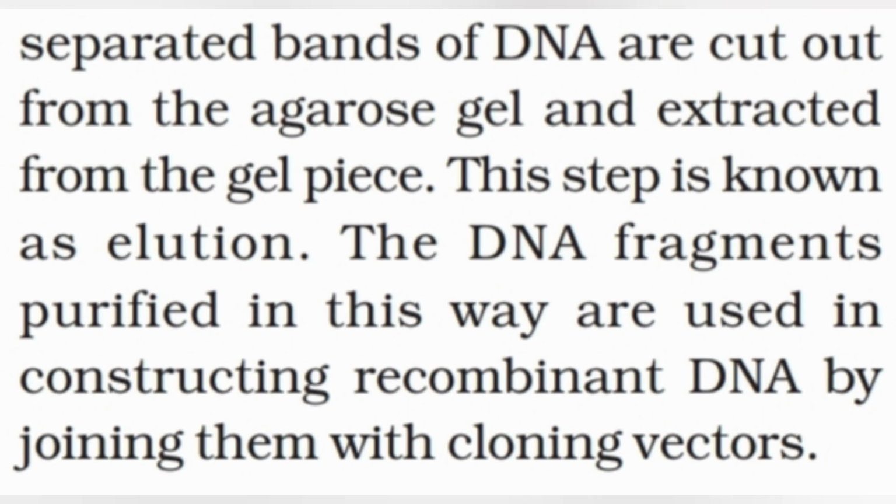The separated bands of DNA are cut out from the agarose gel and extracted from the gel piece. This step is known as elution. The DNA fragments purified in this way are used in constructing recombinant DNA by joining them with the different cloning vectors.